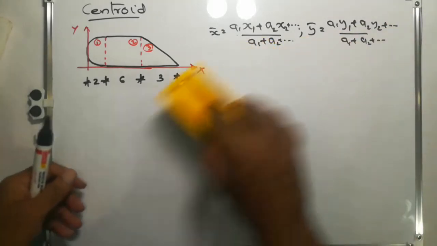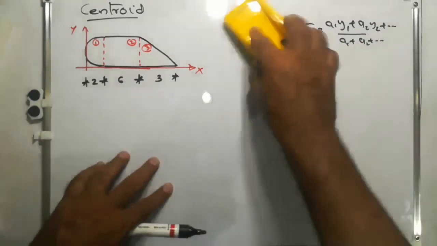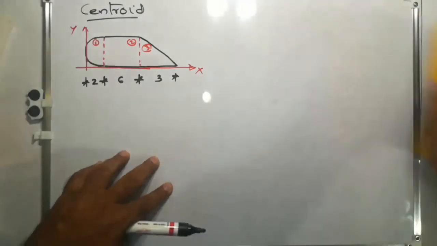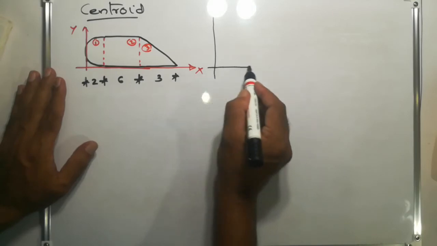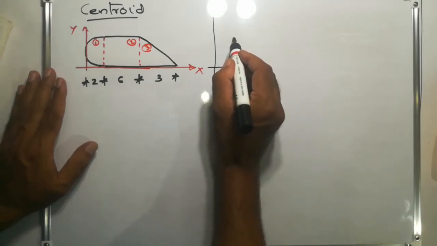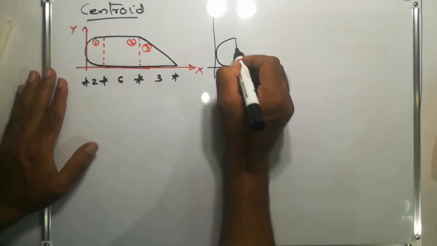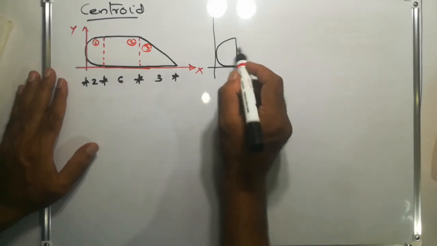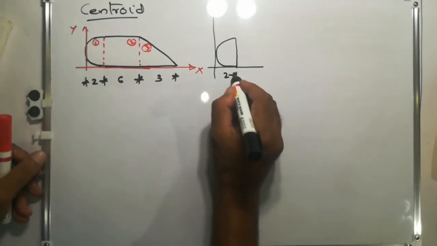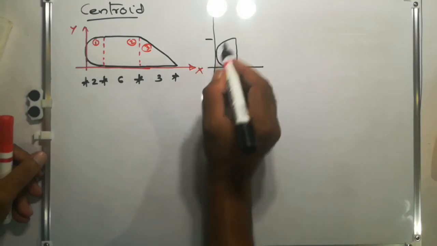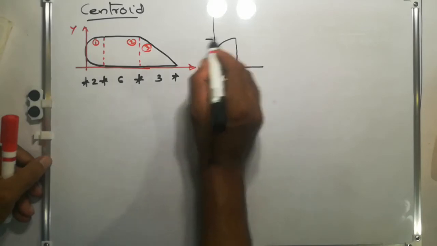So let us start with the first area, the semicircle, area 1. The distances are, this is 2, and what will be this distance? This is the radius of the semicircle, that is 2, therefore the diameter should be 4.